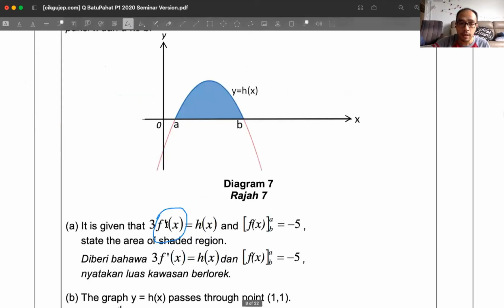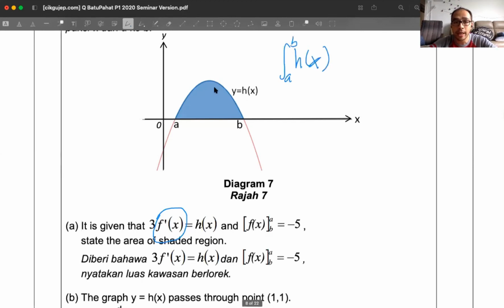Now, it is given that 3f prime x equals hx, and suddenly they give you this. State the area of the shaded region. Now, take a look at this. The area of this is the integration of hx from a to b, correct?